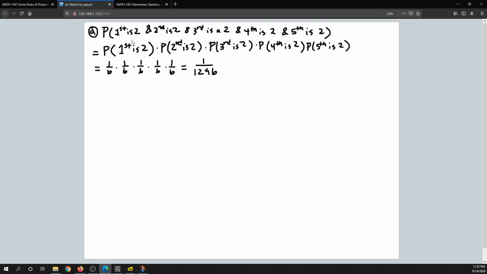And there is nothing magical at all about rolling all 2s here. It's the same probability for rolling all 1s, for rolling all 3s, for rolling all 4s, and for rolling all 5s and all 6s.